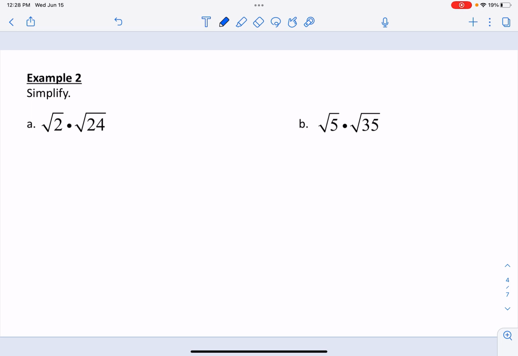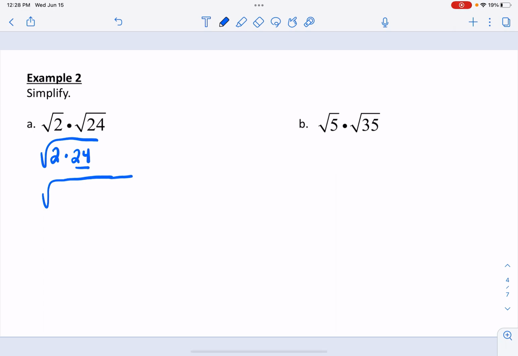Okay, so a couple ways we could do these problems. I was trying to decide how I was going to make you guys do this. Okay, so what I'm going to do is I'm going to multiply 2 times 24. But I'm not actually going to multiply it. What I'm going to do now is I'm going to break 24 up into perfect squares.